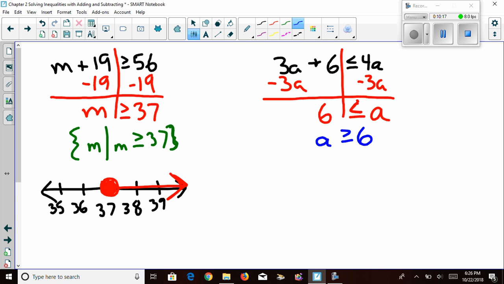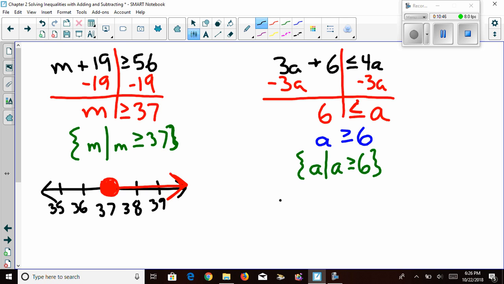And now I'm going to look at writing this using set builder notation. My answer is any number a as long as a is greater than or equal to 6. Those are numbers like 6, 7, 8, and so on.